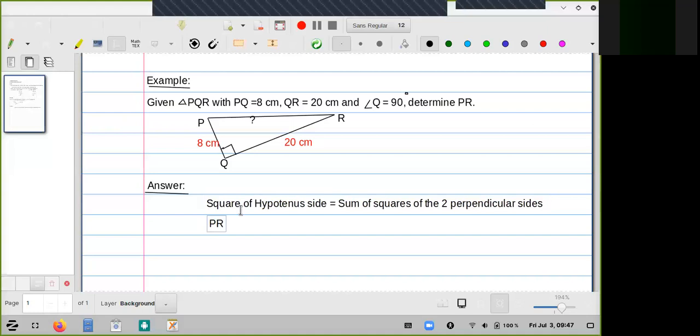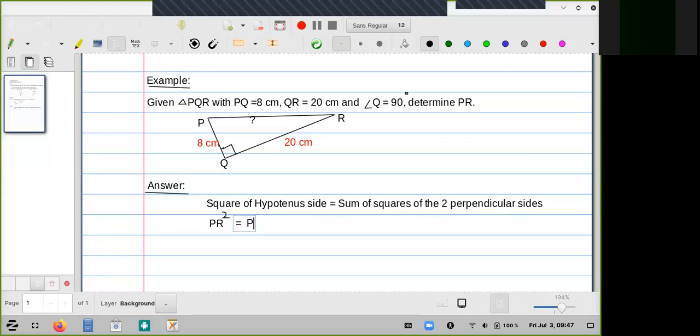Right, our PR is squared. So PR squared is equals to, what are these two sides that are perpendicular to each other?